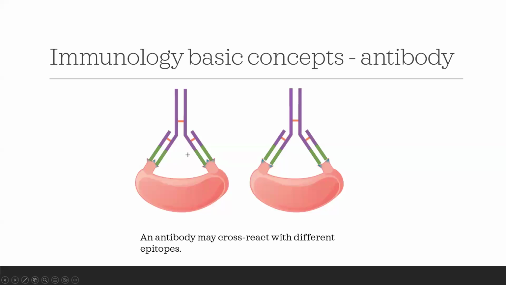So the antibody is able to bind with both. So this is called the cross reaction. Cross reaction suggests that specificity is never 100%. So theoretically, antibody is able to bind with more than one epitope, most of the antibody.